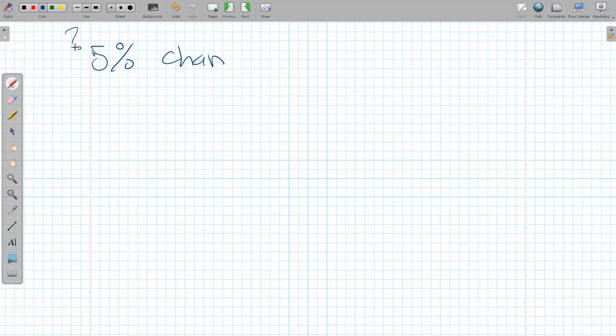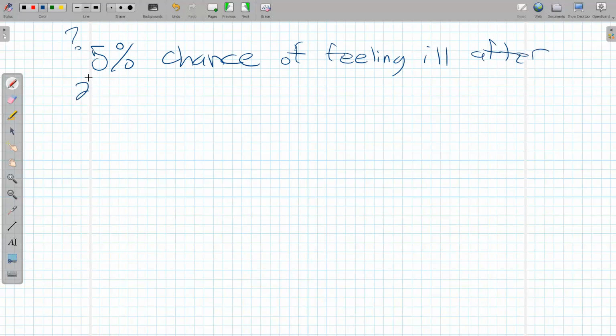And I'm just totally making that up. I don't know if that's true. 5% chance of feeling ill after the second vaccine. And okay, so there's a 5% chance that if I get it today, tomorrow I'm probably going to spend the day in bed. Oh, that's not too bad. I think I'll go for it.